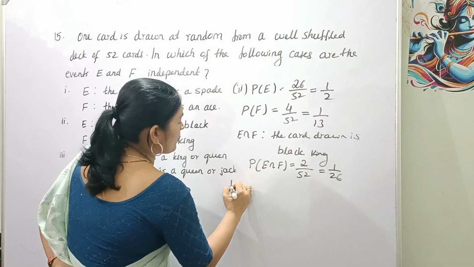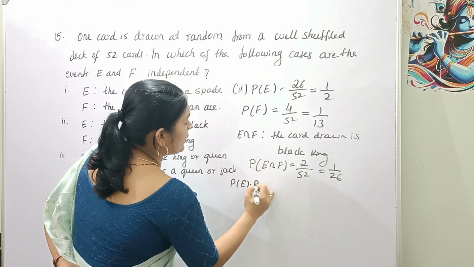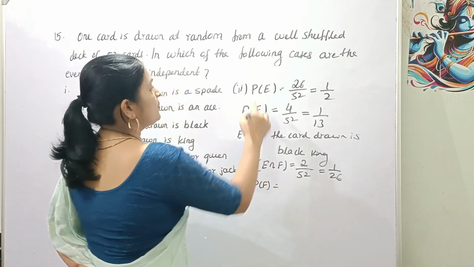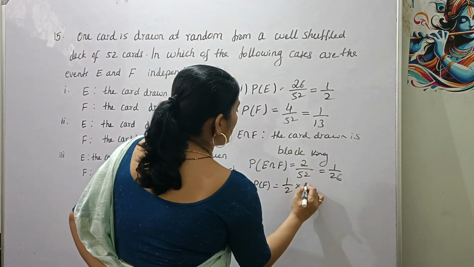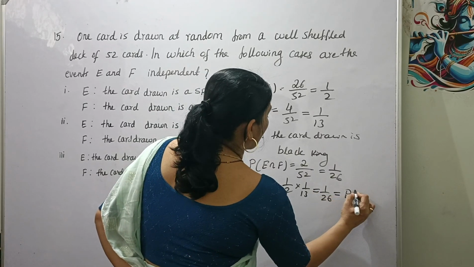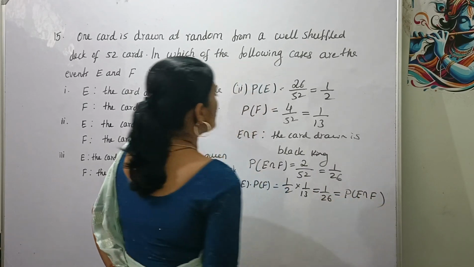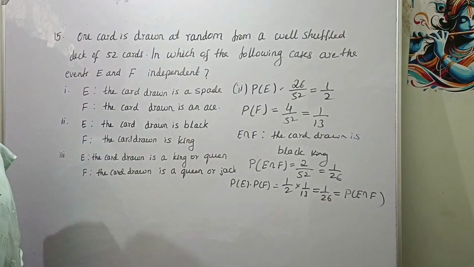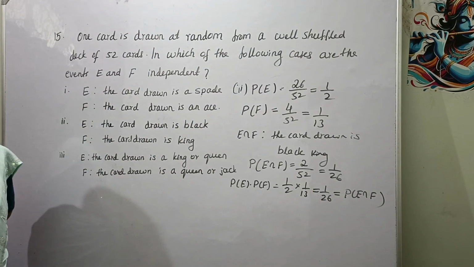Therefore, probability of E into probability of F is equal to 1 by 2 into 1 by 13, that is equal to 1 by 26, that is equal to probability of E intersection F. So in the second case also, E and F are independent events.